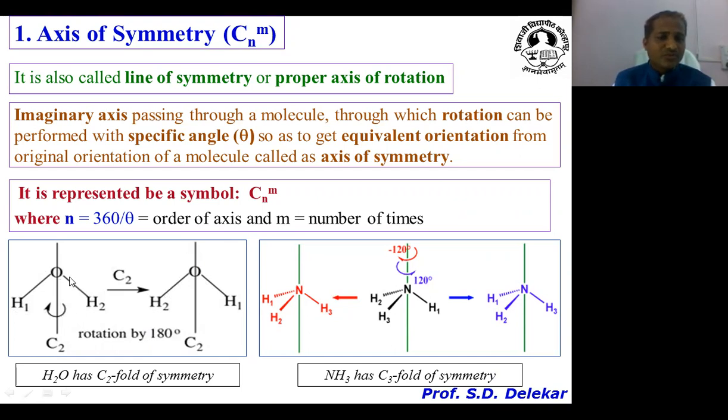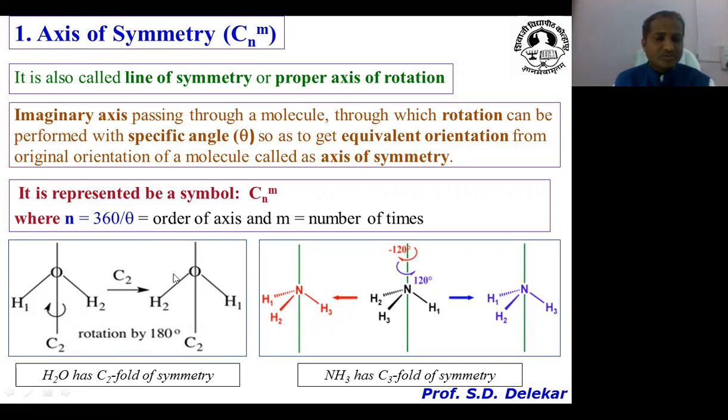Then what is the fold of this axis of symmetry? We know that the angle of rotation in the water molecule is 180. So 360 divided by 180 gives n equal to 2. Because of this, water has a two-fold C2 axis of symmetry.